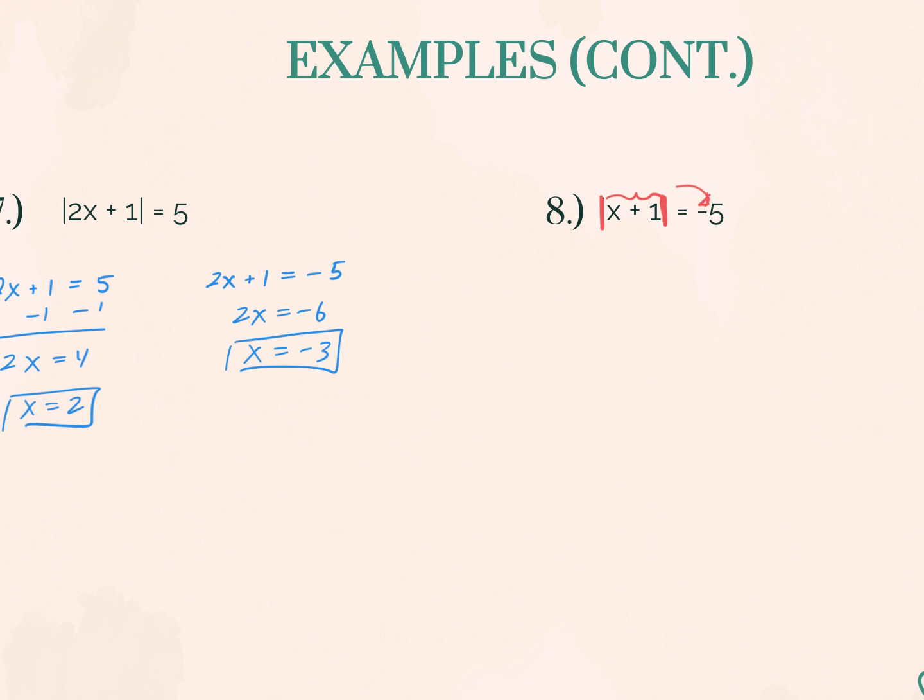No. So once everything is isolated and all you have is the bars, if what's over here is negative, then this is a no solution. If this was negative 5, it would equal positive 5. If this was positive 5, the absolute value would be plus 5. It's never going to be negative 5, okay? So this one's a no solution.